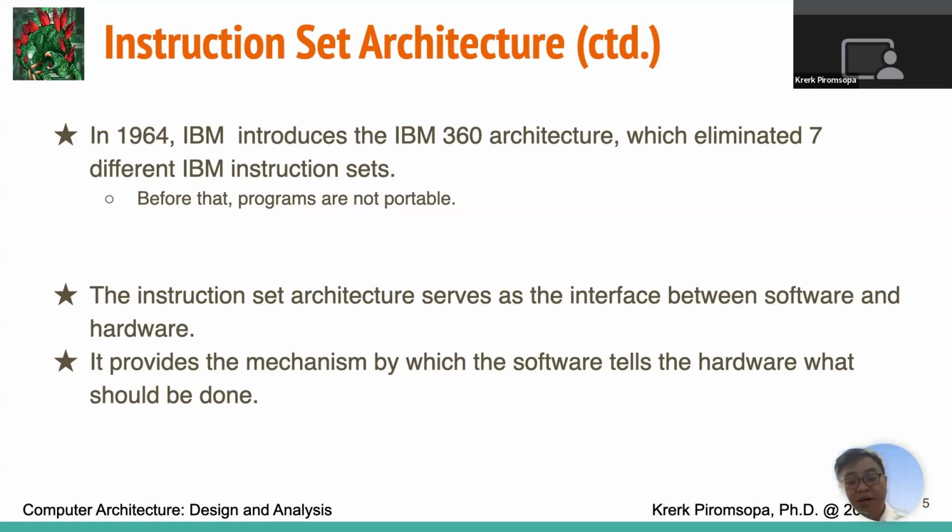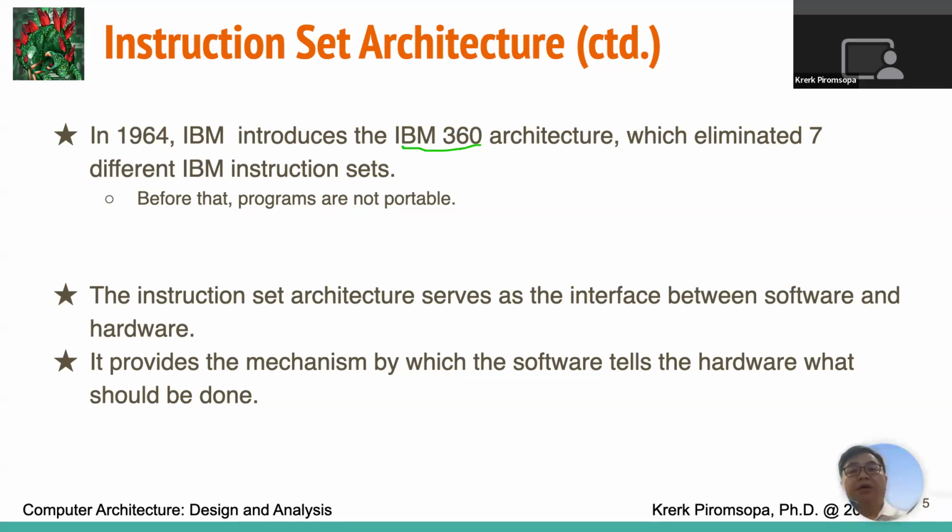But after IBM released the IBM 360 architecture, they eliminated the different instruction sets. After that, whenever you buy a new IBM machine, you can just use your existing software.